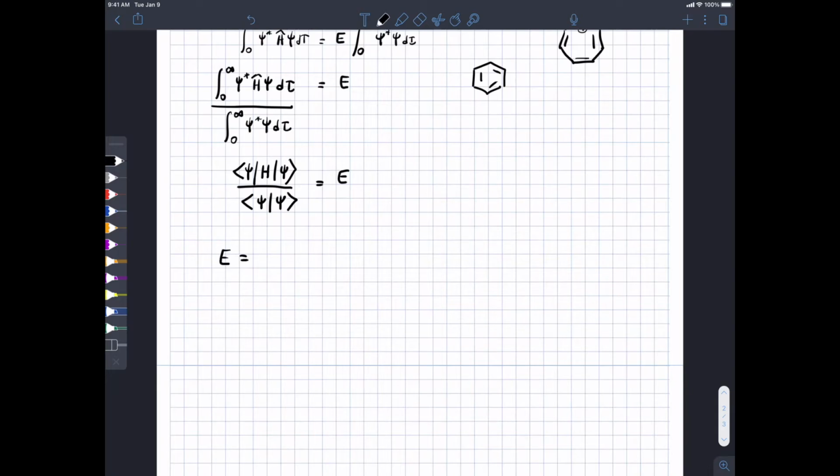Energy equals, we're going to take constant A times atomic wave function A plus constant B times atomic wave function B. We're going to take the Hamiltonian, apply it to that wave function, and then multiply it by the stuff out in front.